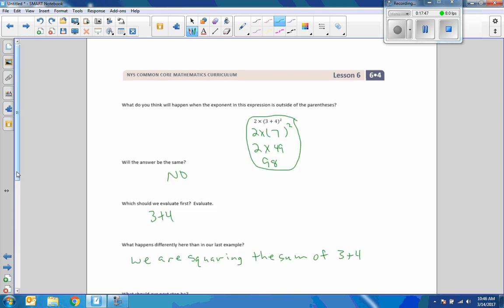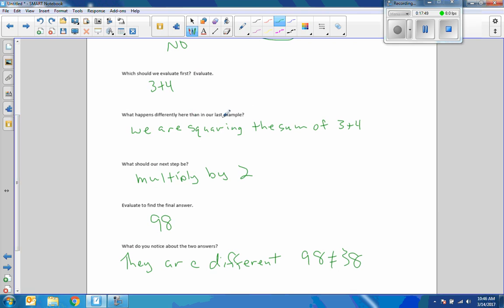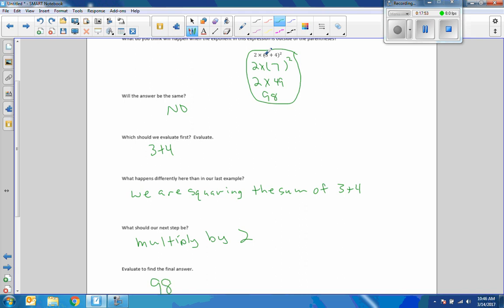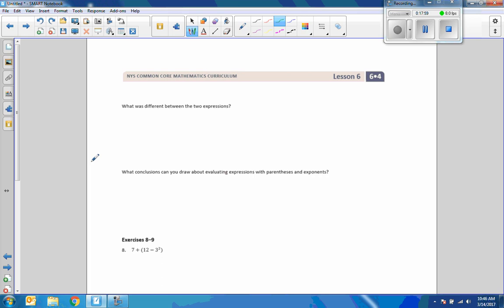Well, I've already answered that. The difference was we squared the sum of 3 and 4 right here instead of squaring just the 4 and then adding 3 to it. And that made a big difference in our answer. What conclusions can you draw about evaluating expressions with parentheses and exponents? The location of the parentheses and the exponents makes a large difference in what our outcome is.